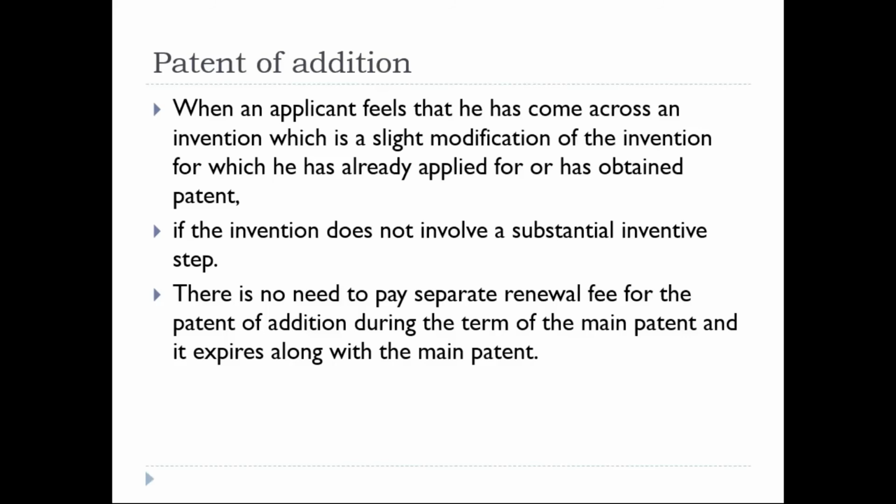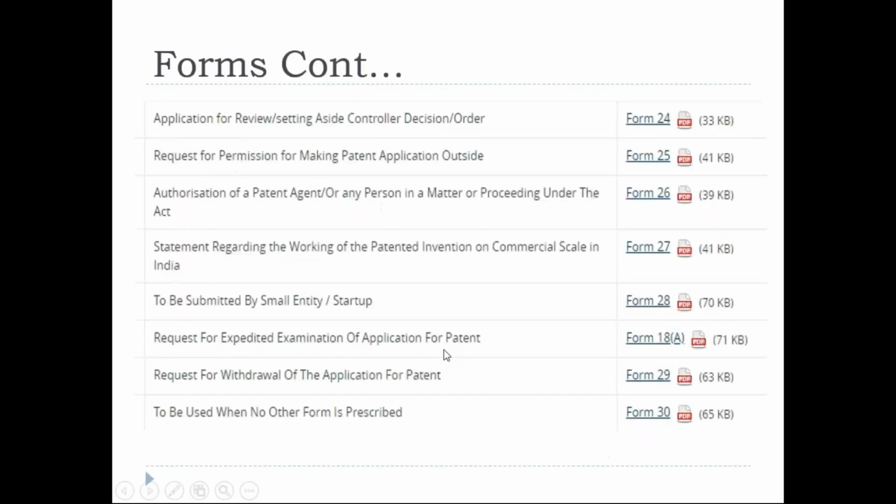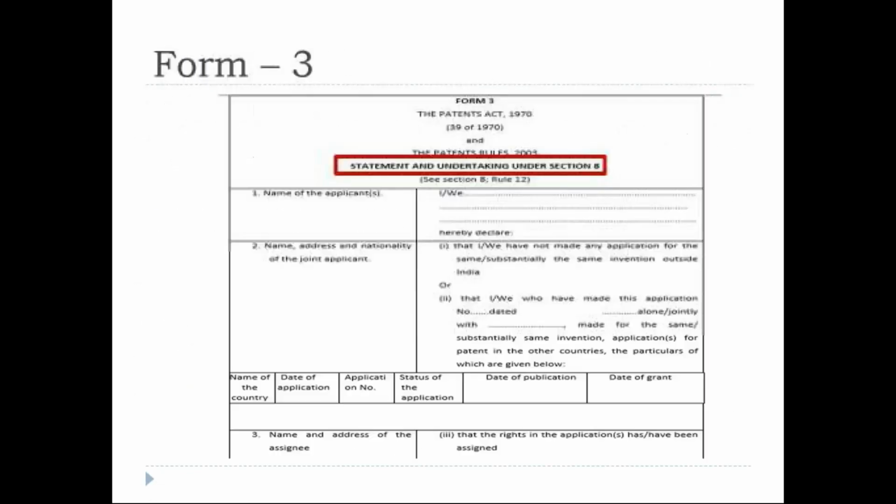Within the time period, it really doesn't require any extra fees for that particular invention, because it is going to be part of the main application. I hope you got some clarity on this.